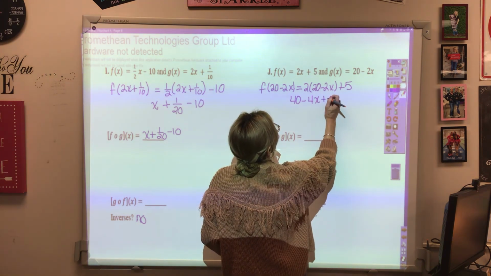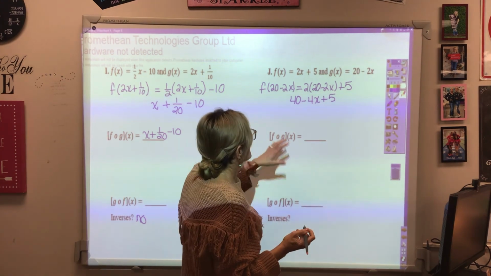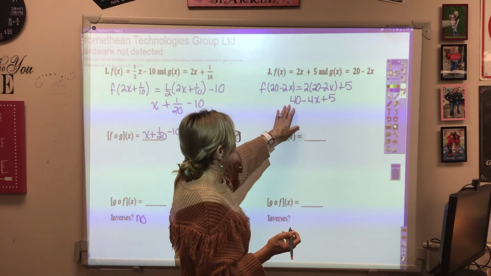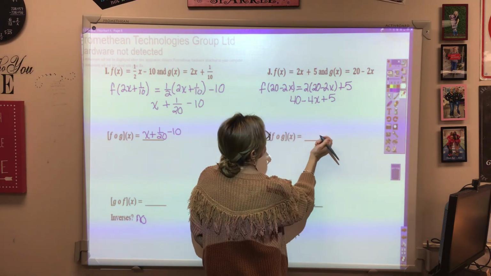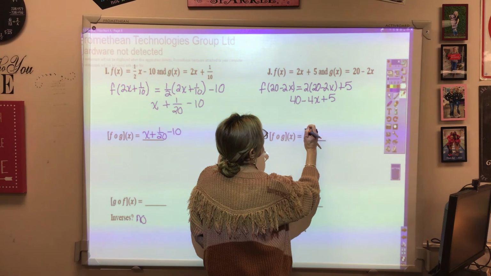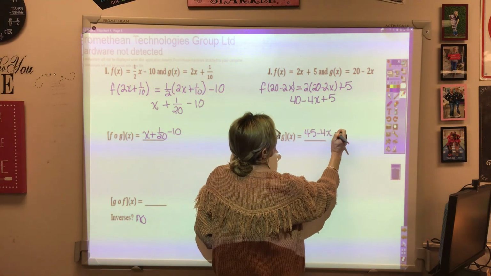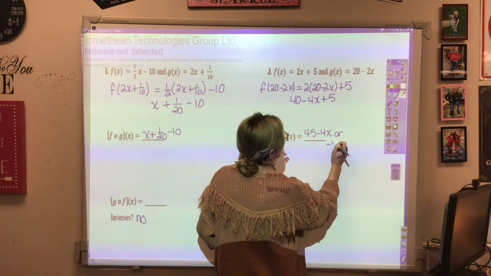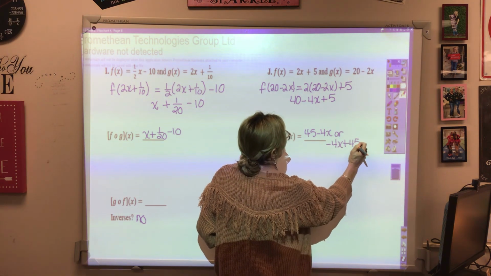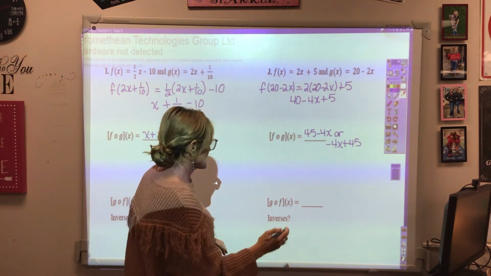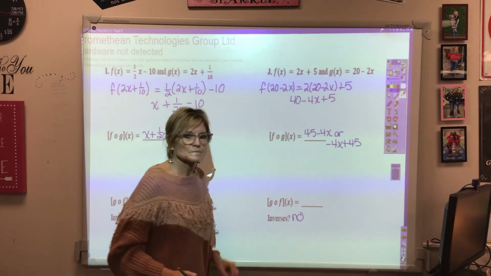And then we have plus 5, which if we wanted to, we could clean that up, or you could see that that doesn't equal x. What that equals is 45 minus 4x, or you could say negative 4x plus 45. Either way, since we didn't get x for an answer, the 2 functions are not inverses.